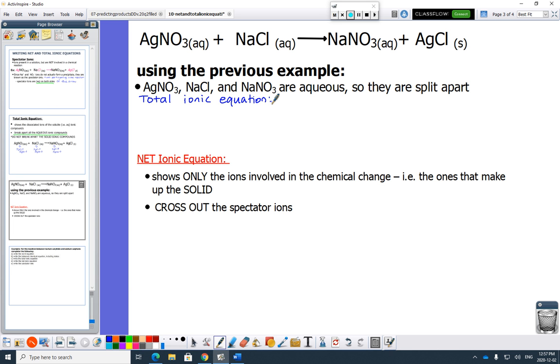But technically, if something is aqueous or it's an ion, that means it has a charge. So for example, when we are going to split apart this and write silver as its ion, right now it says it's aqueous, okay? It technically doesn't say the charge. So you would have to uncross or go look up what silver was.